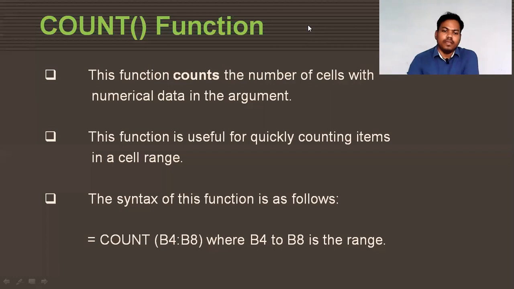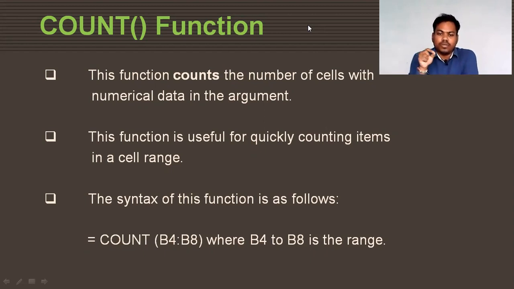Understood? Now the count function. This function counts the number of cells with numerical data in the argument. Suppose in a particular column, different weights of the students have been mentioned, and I want to count how many weights have been written. We are talking about a numerical column.